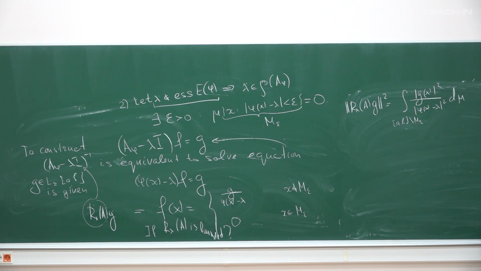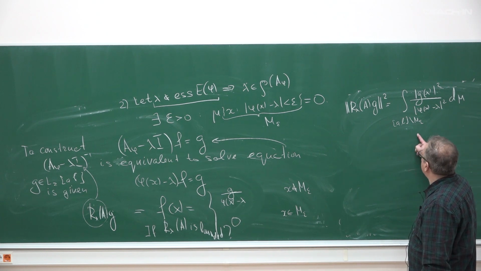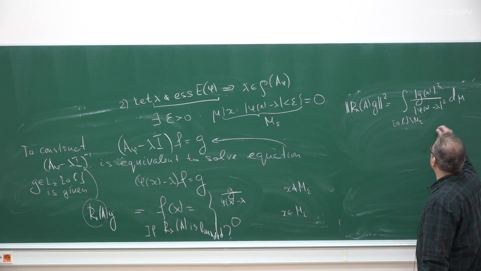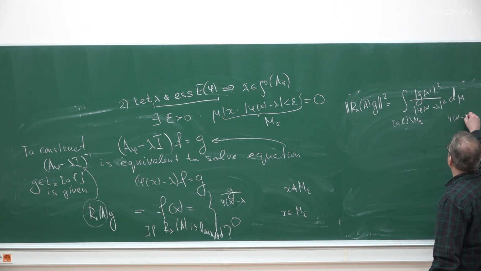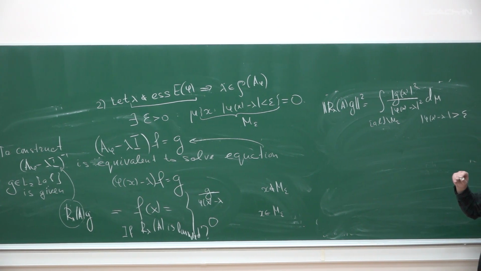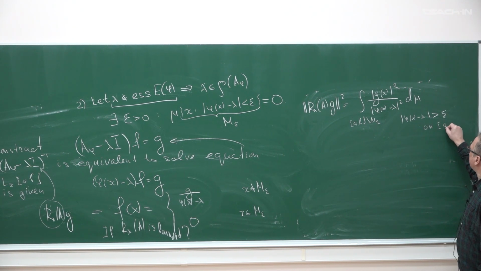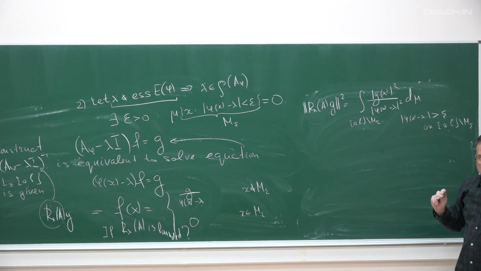But on this set, the absolute value of phi of x minus lambda is greater than epsilon, by definition of M epsilon.